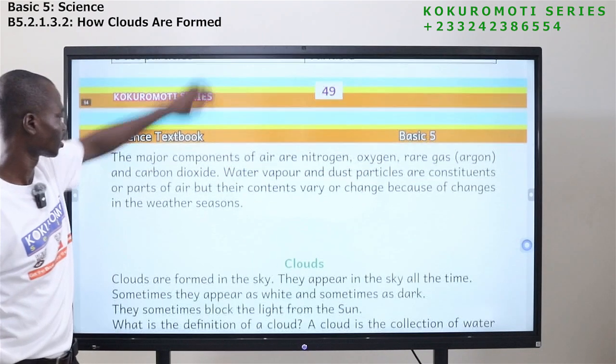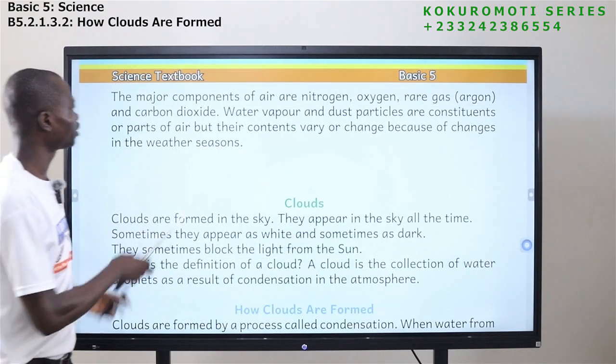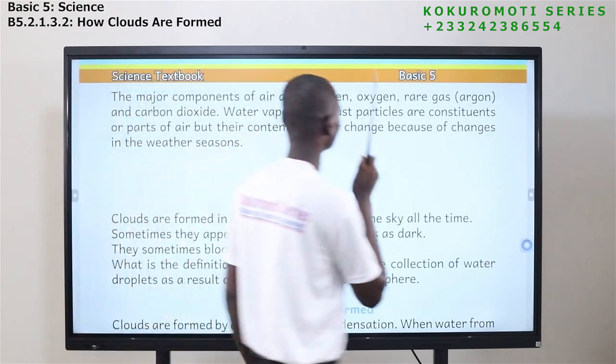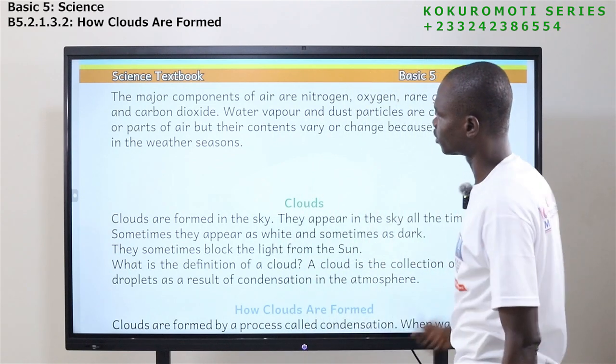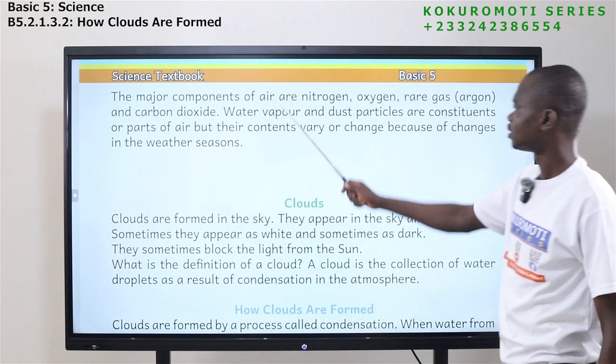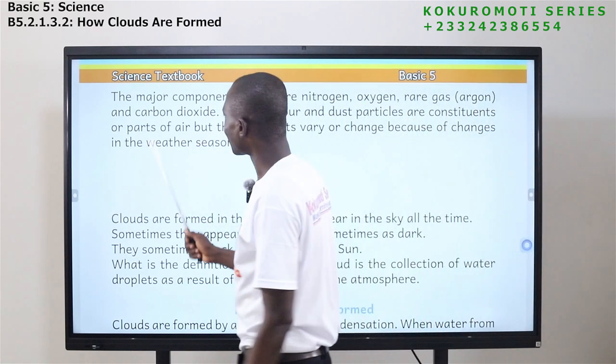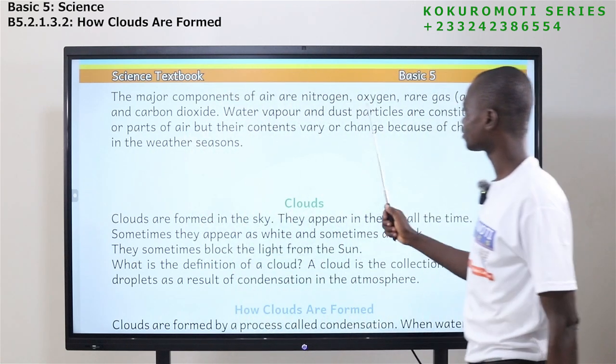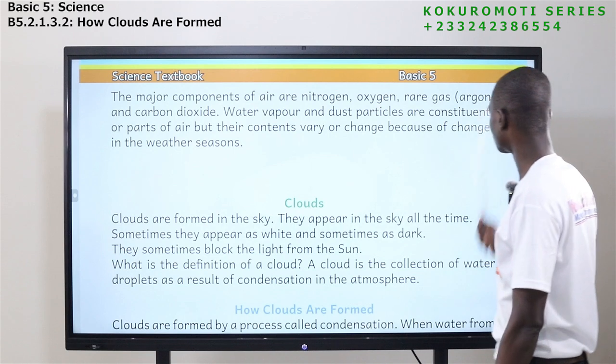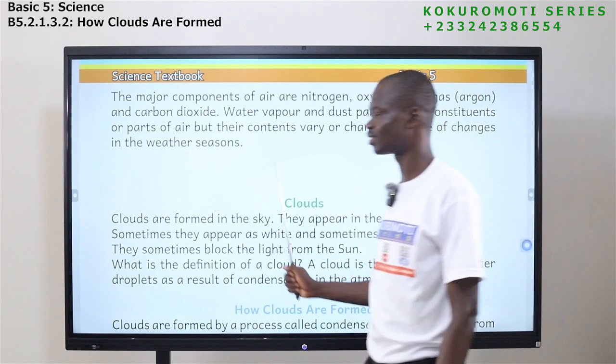Okay, so the major components are nitrogen, oxygen, rare gas, that is argon, and carbon dioxide. Water vapor and dust particles are constituents or parts of air, but their content varies or changes because of changes in the weather season.